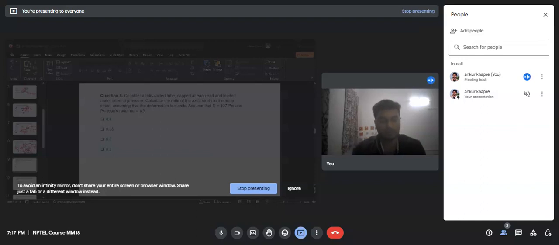This t goes on this side, so it will become like this. So sigma y is the stress in the y direction, and in the x direction it is the hoop stress. If we take the ratio of those two, we'll get the ratio of axial strain and hoop strain. If we calculate all the values, the answer will be option number 2, 0.2.